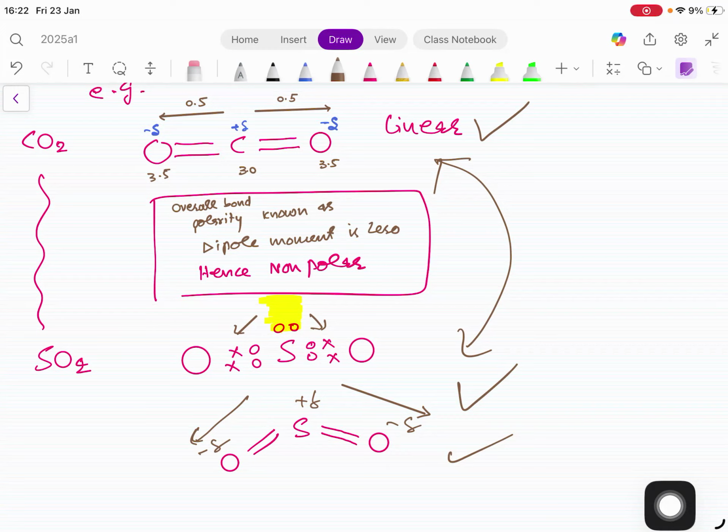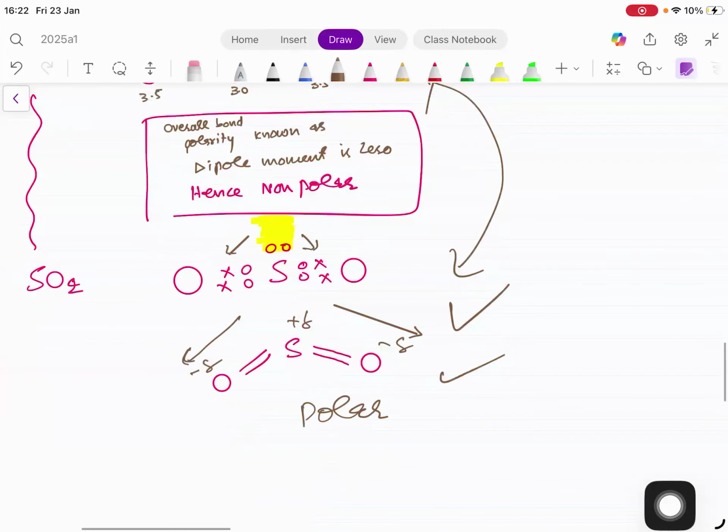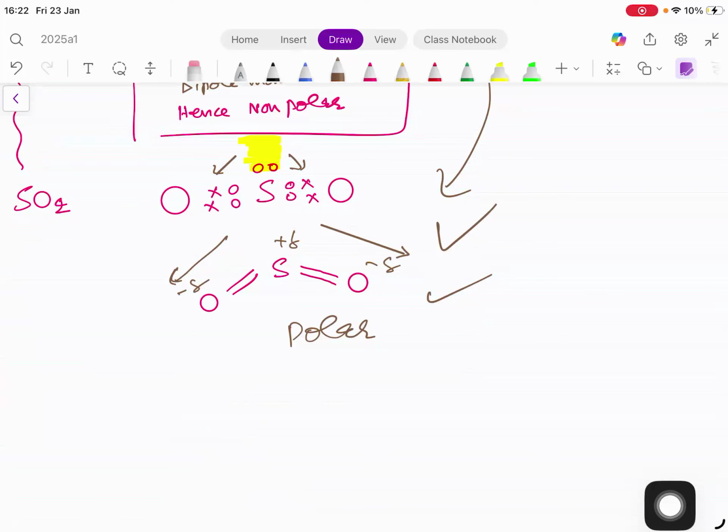They are in two different directions with an angle of 117.5. Once you add them up, both of them are pulling down. They can't cancel each other's effect. They can't be zero. So sulfur dioxide is a polar molecule. And if you want to understand how this polarity looks, the top side is partial positive and the downsides are partial negative.